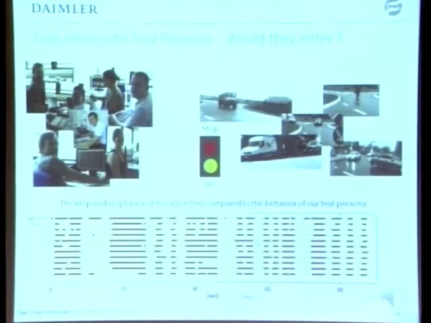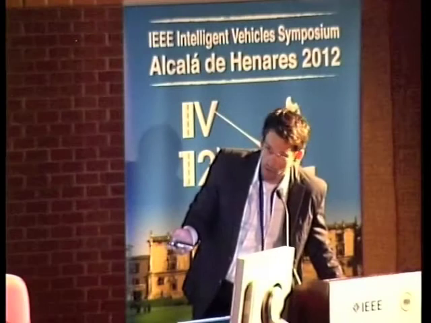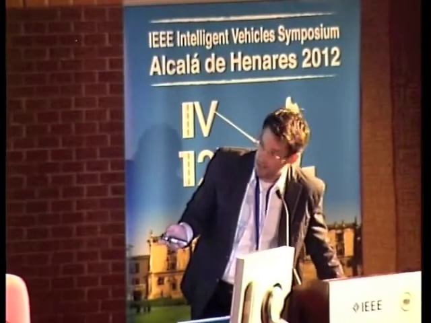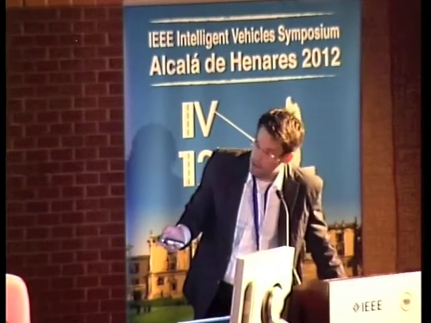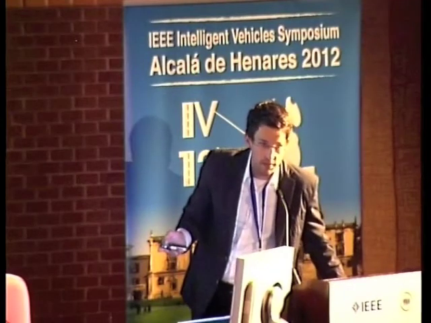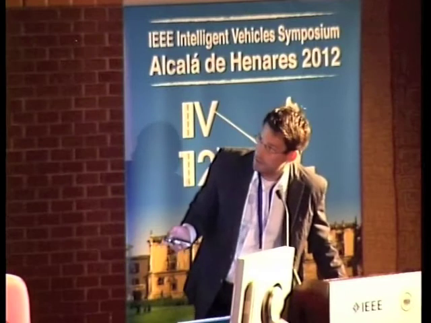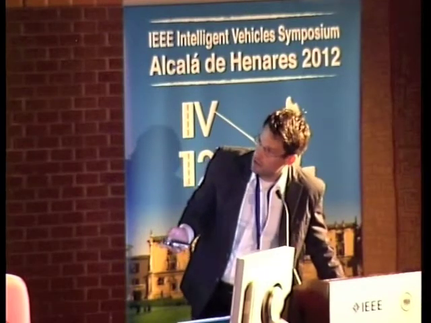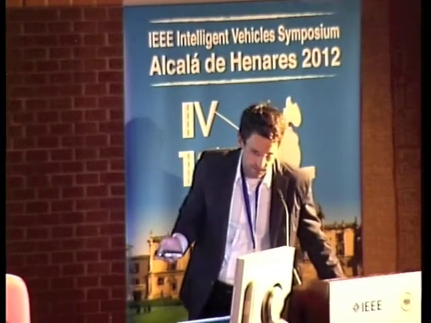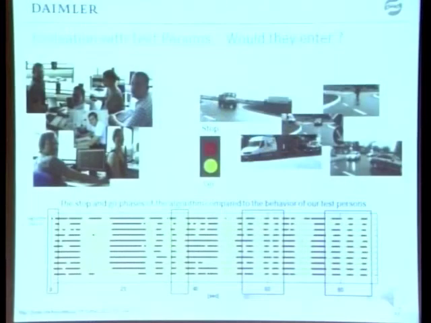The first line represents the behavior of our algorithm. Red stands for not allowed to enter the roundabout, green for possible, and the next 10 lines are the behavior of our test persons. This is an example of our evaluation for a 90-second sequence, and in these scenes you see that our algorithm corresponds very well with the behavior of our test persons.